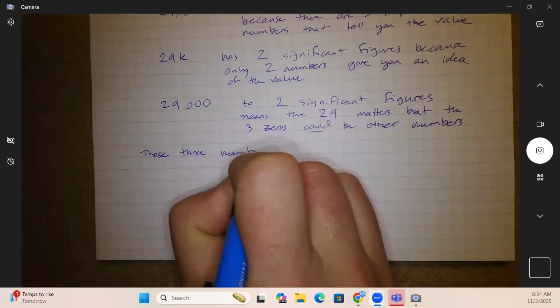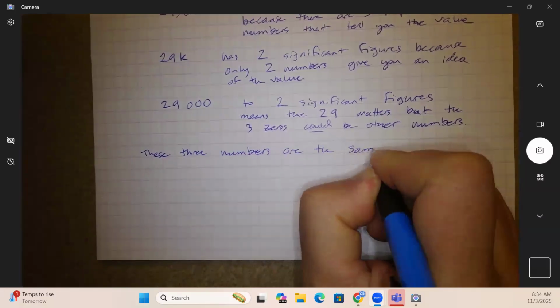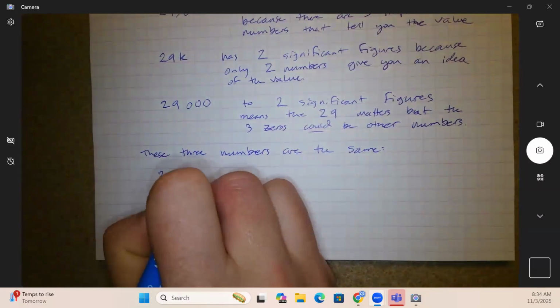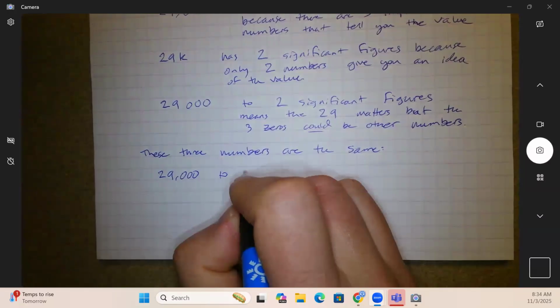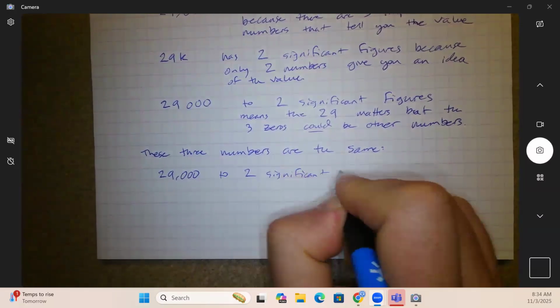These three numbers are all the same. Not these ones, the ones I'm going to write. 29,000 to two significant figures.